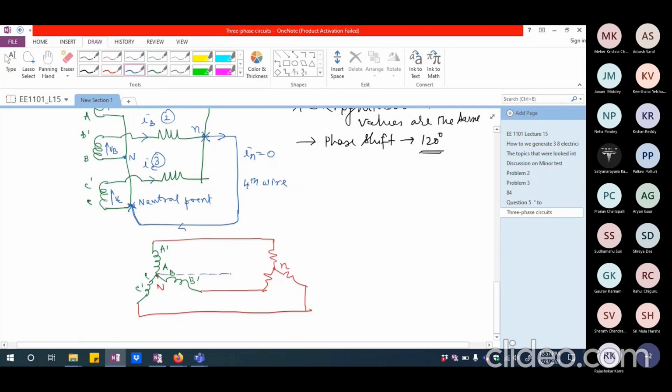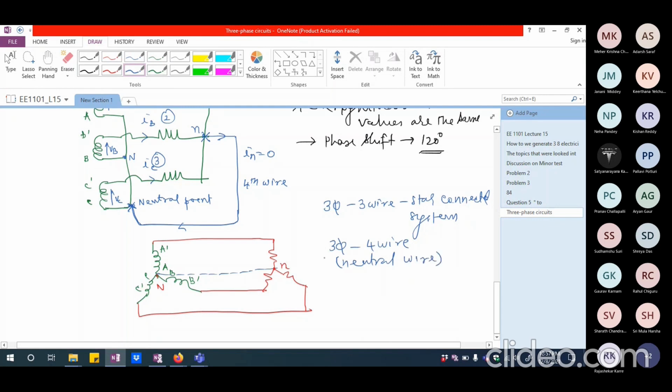Otherwise, it doesn't matter if you don't connect as well, especially when I'm having balanced current condition. I don't have to connect these two at all. So it can be a three-phase, three-wire, star connected system, or I can have a three-phase, four-wire system where the neutral wire will also be there.